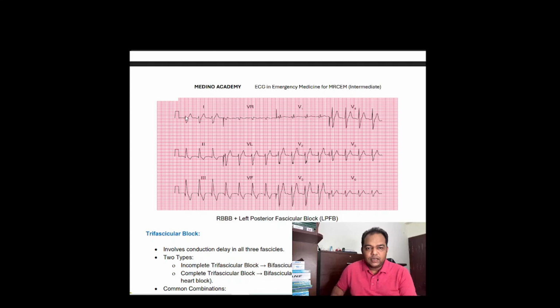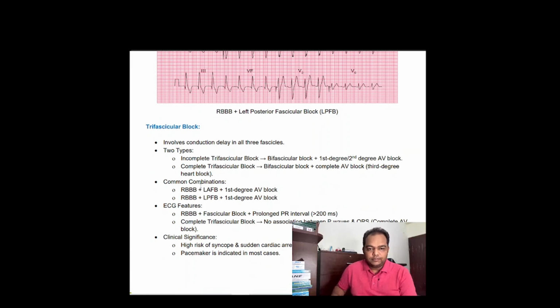You can see negative deflection in case of lead 1 and positive deflection in case of AVF. So there is right axis deviation, which is caused by left posterior fascicular block and also RBBB. Trifascicular block.